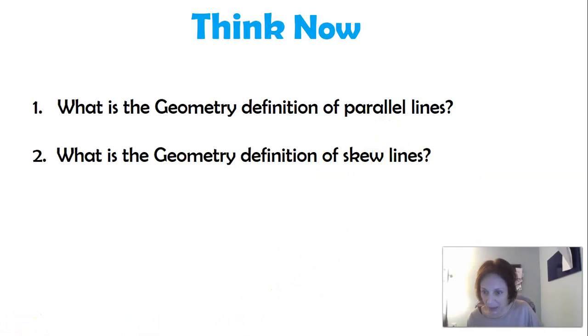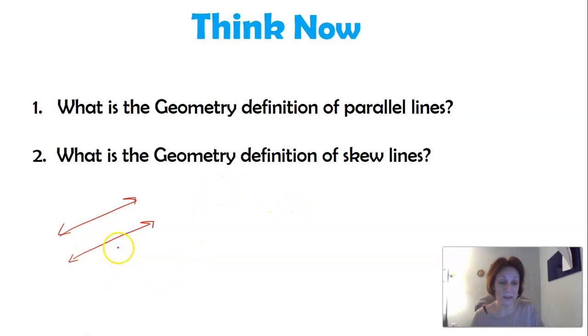Parallel is what we have been working with for a very, very, very long time. When we have parallel lines, that means that they have the same slope, or sometimes we say that they don't cross, okay? But more specifically, we could say they have the same slope. But in geometry, it's important to note they are in the same plane.